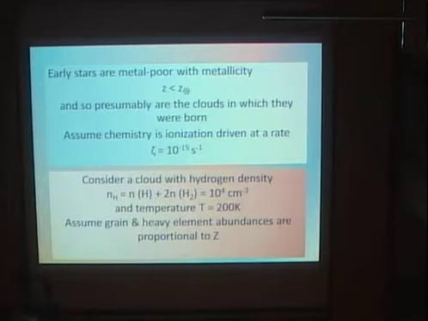I'm going to take a chemistry and ask what it does to the composition of the clouds. So I'm assuming a chemistry that is ionization driven at a rate which I'll take to be 10 to the minus 15 seconds to the minus 1.